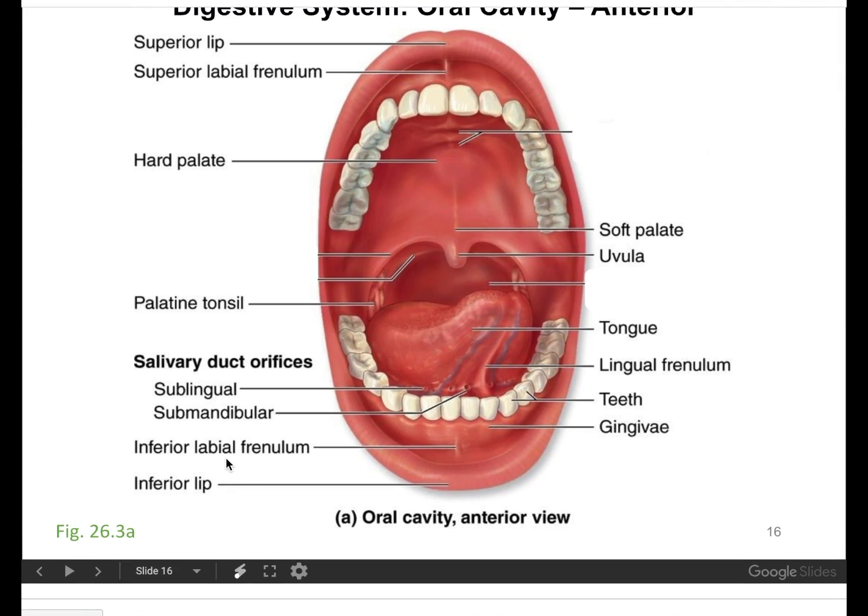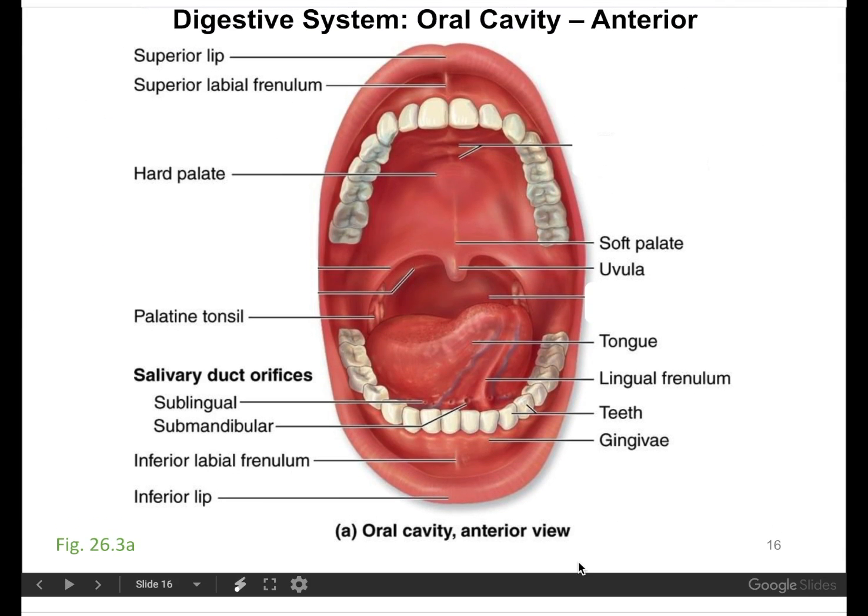So starting in the mouth, we have obviously the upper and lower lips. And then we have what's called the labial frenulum. So the frenulum is just this little attachment here to the gums from the lips. And you've got an inferior one as well.